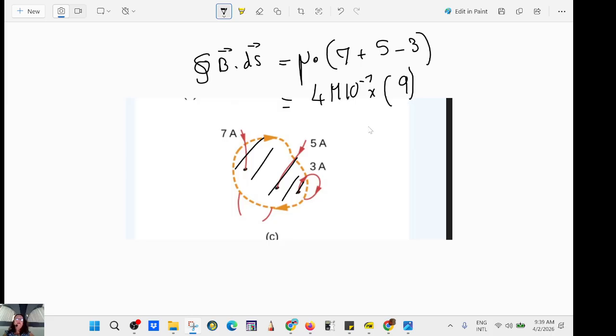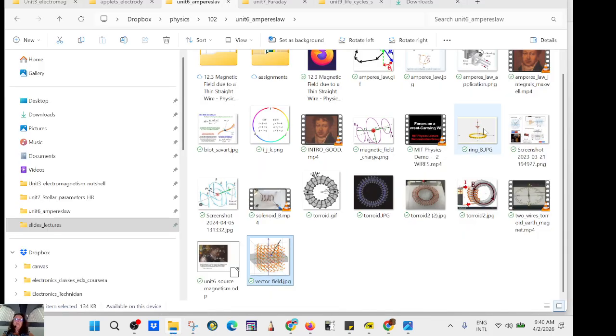That will be the answer. B is in Tesla, and it's a distance, so Tesla meters. Then you do the computation and you will have a numerical value. Is that clear? That's how you apply Ampere's law.